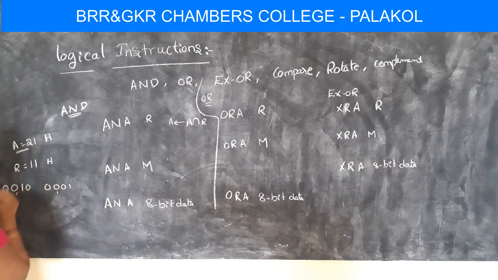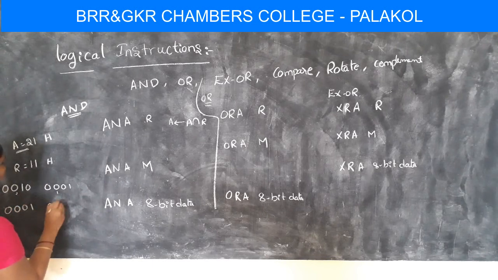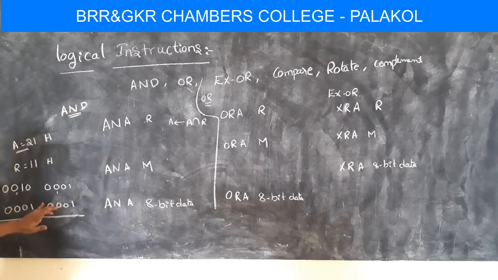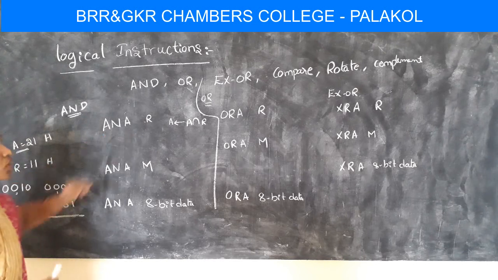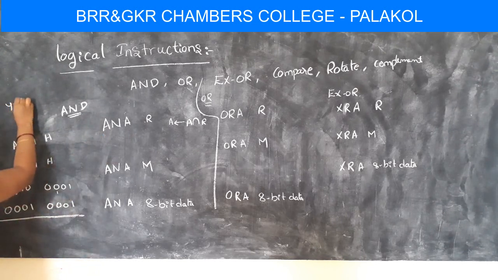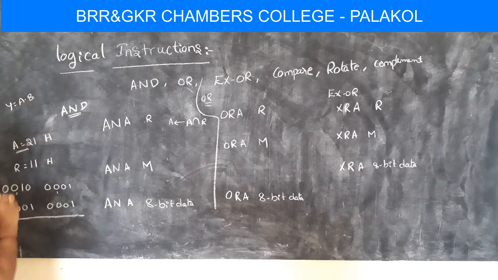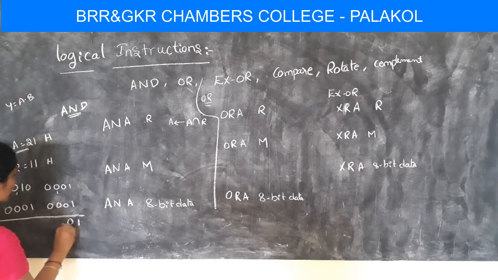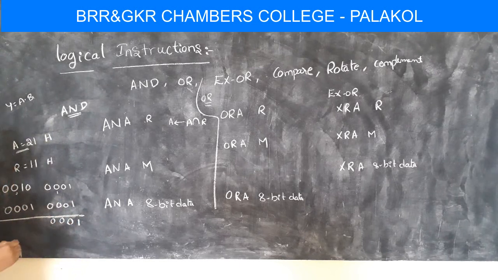And 11 is 0001 and 0001. Between these two bits we perform the AND operation, so y is equal to A dot B. 1 dot 1 is 1, 0 dot 1 is 0, 1 dot 0 is 0, 0 dot 0 is 0.